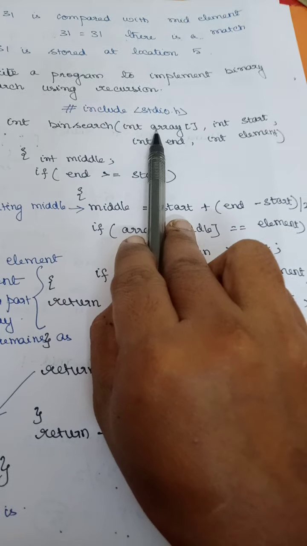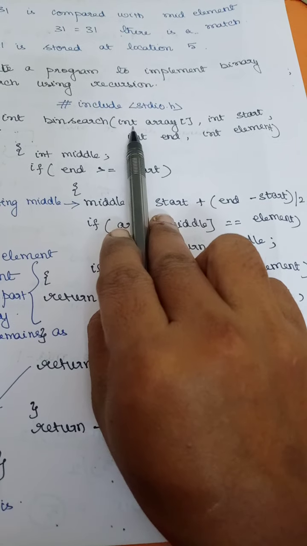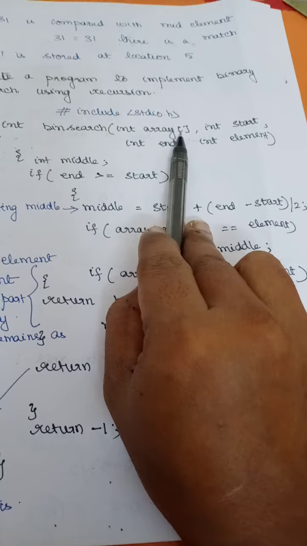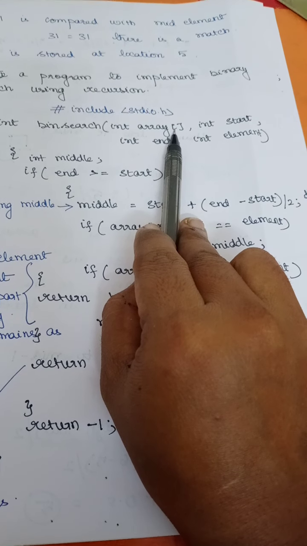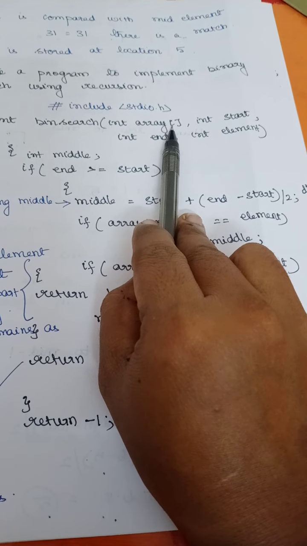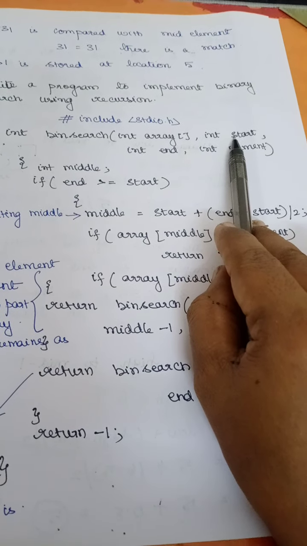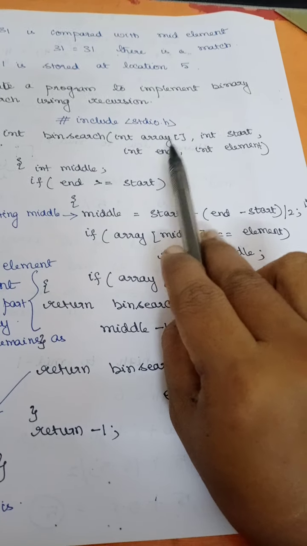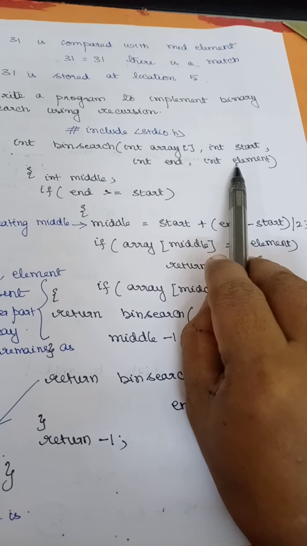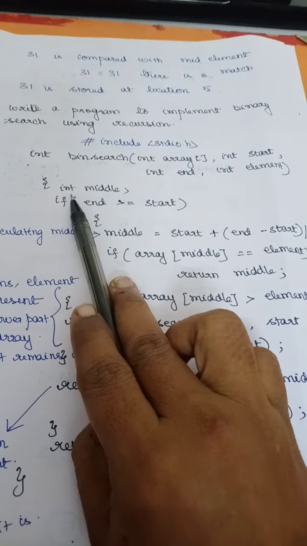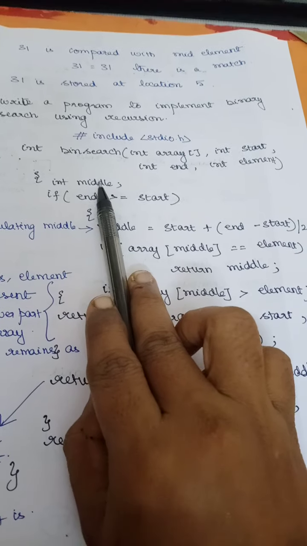So since it is an array, I should have int array square brackets. Why do I need a square bracket? To indicate that whatever parameter I passed is going to be of array type. And then here I have the beginning of the array, the end of the array, and then the element that is to be searched, right?